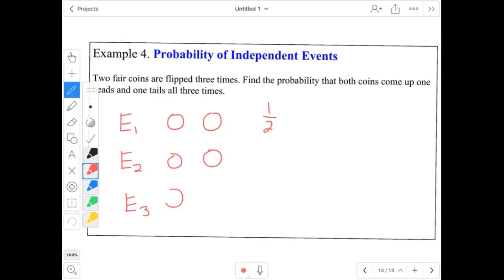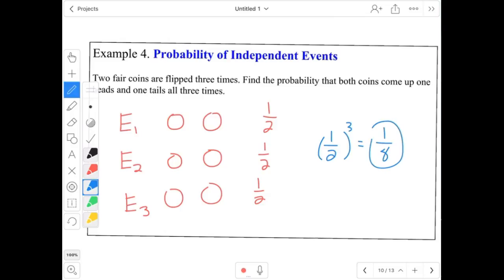And that happens a 3rd time, still 1/2. Remember, we would multiply those probabilities together. So we would have 1/2 to the 3rd power, which would be equal to 1/8. This would be our probability of those coins being flipped 1 heads, 1 tails in a matter of 3 times.